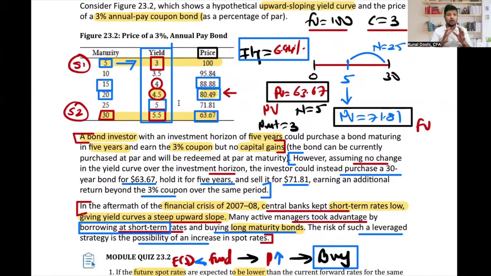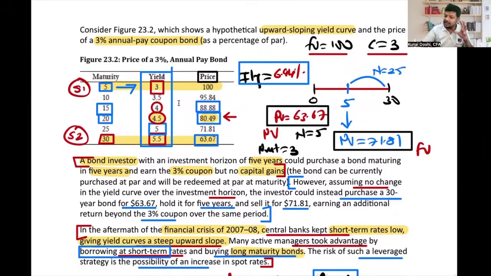Understood? So one biggest assumption here is that the yield curve structure remains the same. Only then does riding the yield curve make sense. So the first assumption is that the yield curve remains the same over the life and it is upward sloping. If these two assumptions are not there, then riding the yield curve does not make sense.